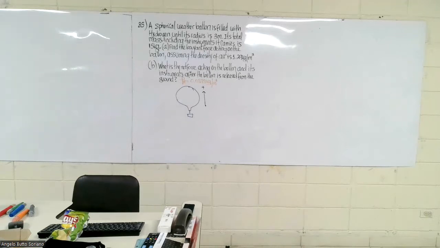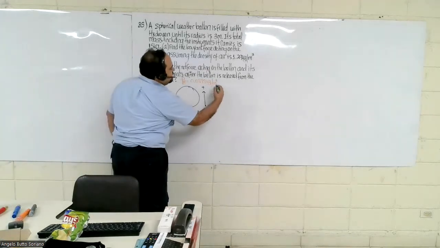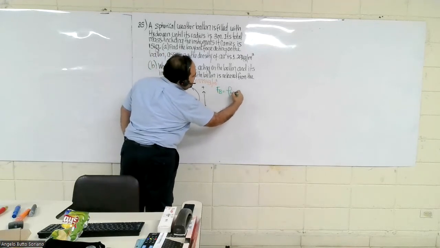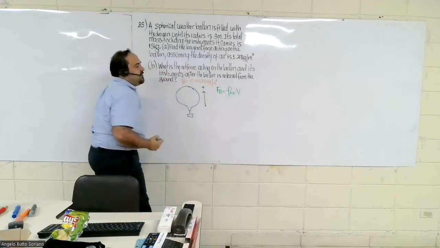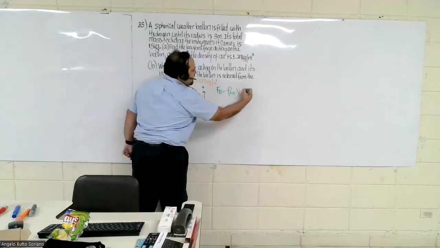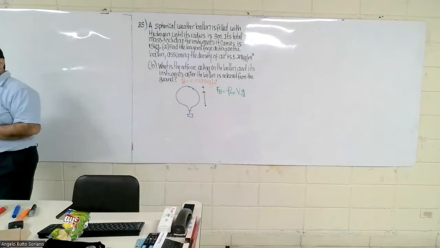The formula will be the same, but instead of liquid, we use gas, because air is a kind of gas. So the buoyancy force FB equals the density of the air times the volume times the gravity. I'm not using submerged volume because this is not under any liquid.